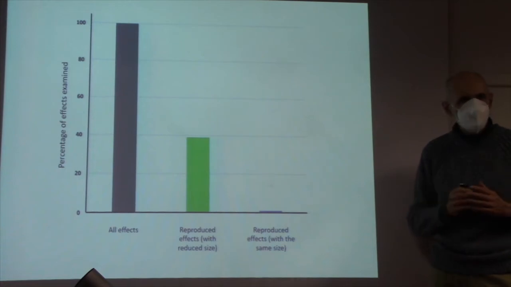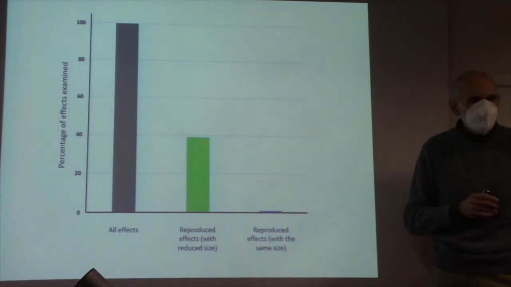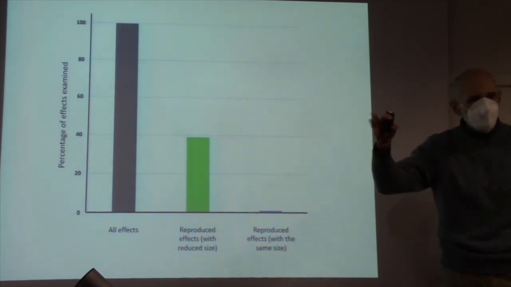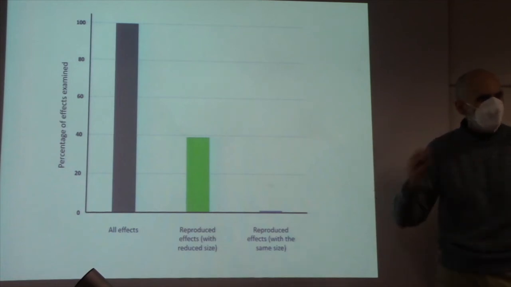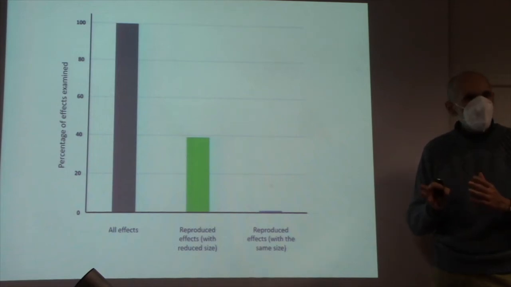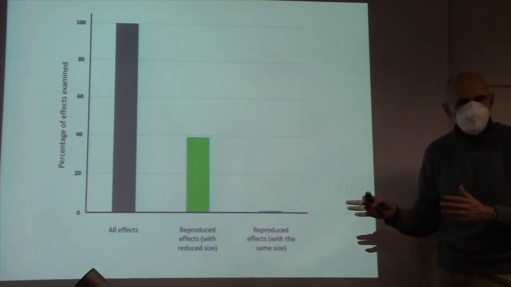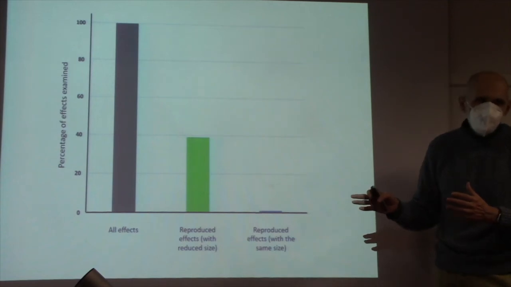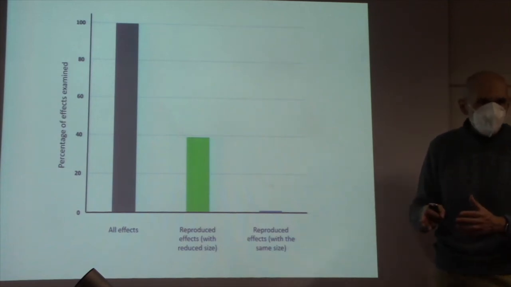That is, what does it mean? An effect is something I measure. For example, if you are distracted, you miss your target, say, 50% of the time. This is an effect. The size is 50%. Now, when they tried to reproduce it, the result was instead, if you are distracted, you miss your target 25% of the time.